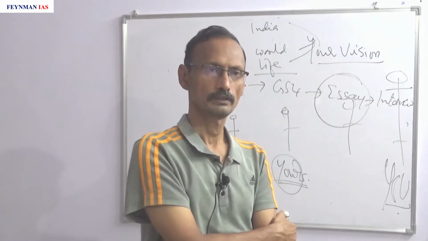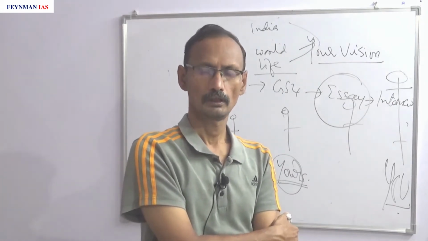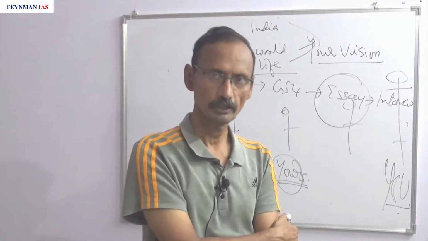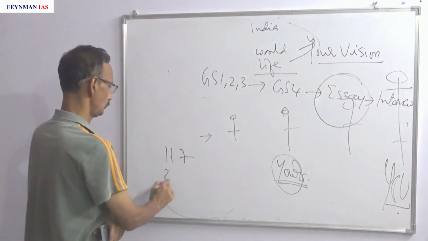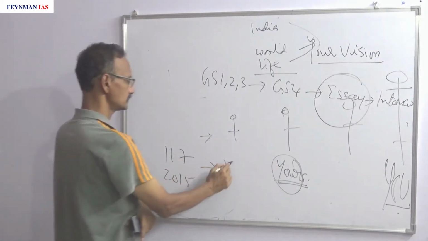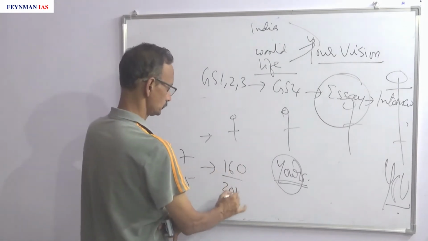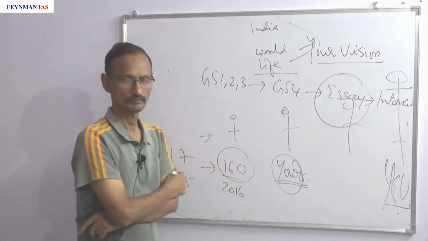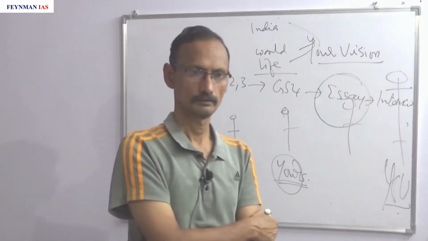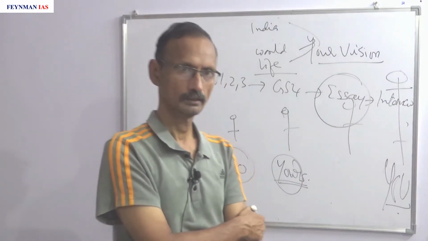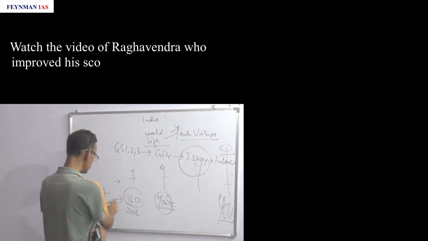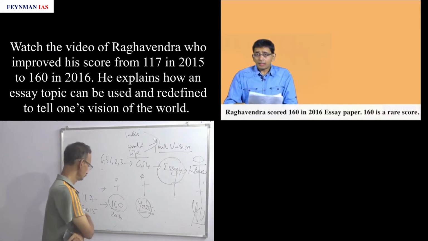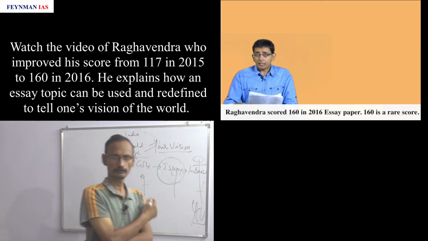Our own student Raghavendra got 117 in 1 year, 2015, and 160 in 2016. We posted an explanation of his method. You can read.